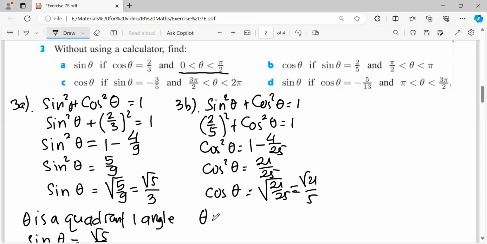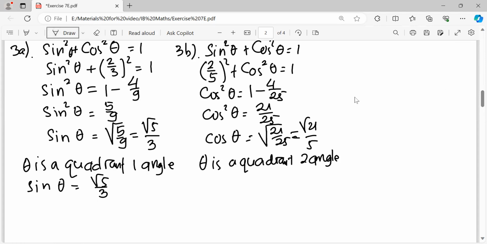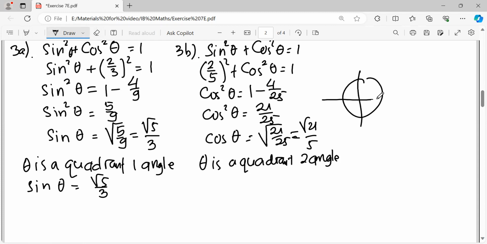So theta is a quadrant 2 angle. At quadrant 2, we're going to check the sign of cosine theta. The coordinate point in quadrant 2 is negative x, comma y, because this area has negative x.